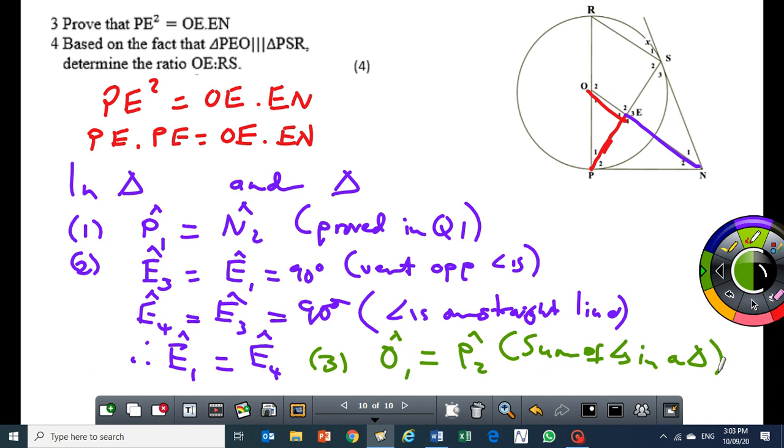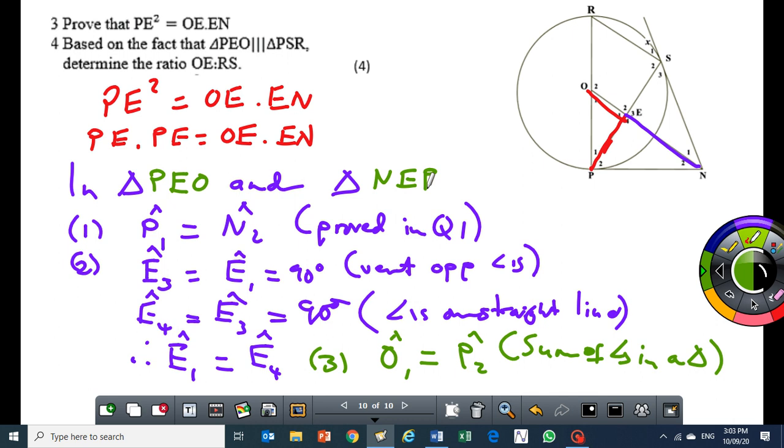Now once you do this, then you can name them correctly here: PEO, and the other one is going to be NEP. Please, the way you might have named these two triangles might differ slightly from me, but I'm naming based on my corresponding what? Angles. As long as the angles are corresponding, then it's fine.